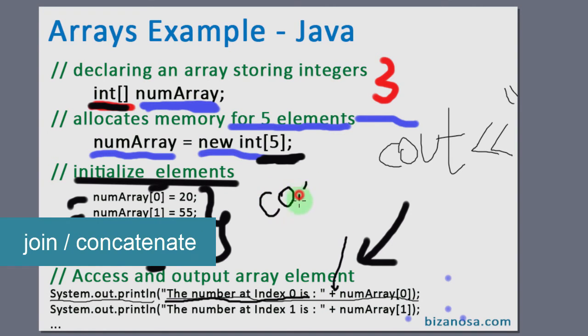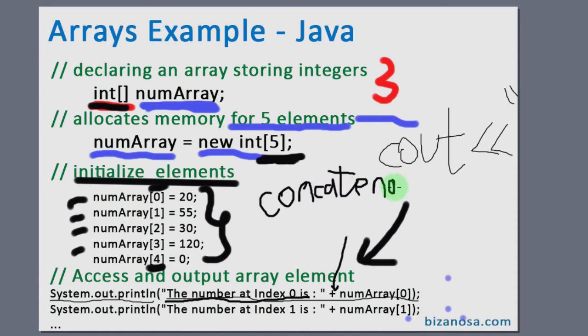It's going to concatenate or join these two. So it will first of all display this, and then it will join it with the array element.